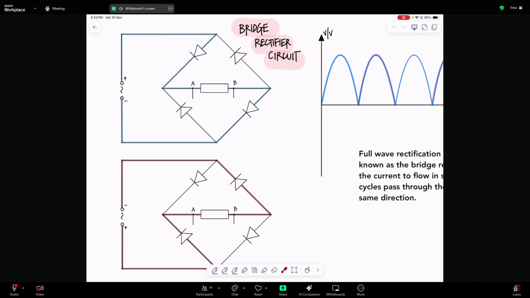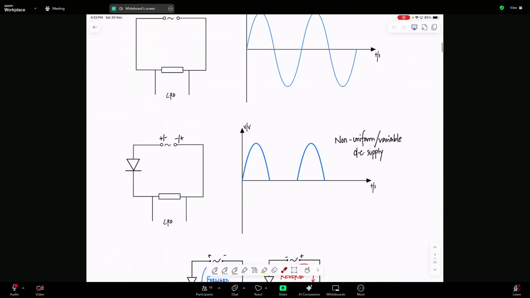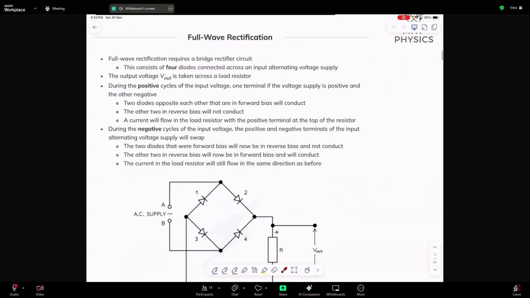Bridge rectifier? It is in AC currents. Full wave rectification. That's the name of the process, but the device name is called the bridge rectifier. Bridge rectifier টা একটা আছে, আর একটা হচ্ছে smoothing.